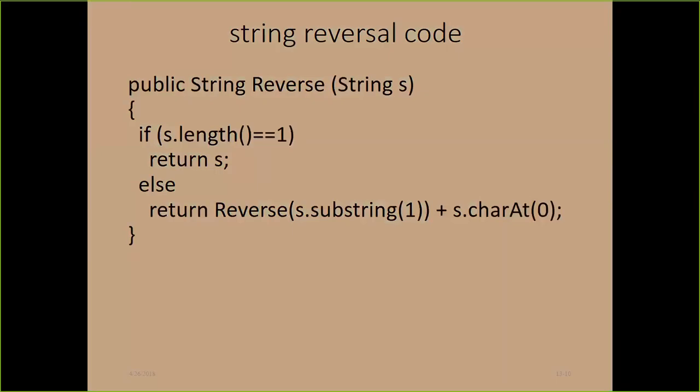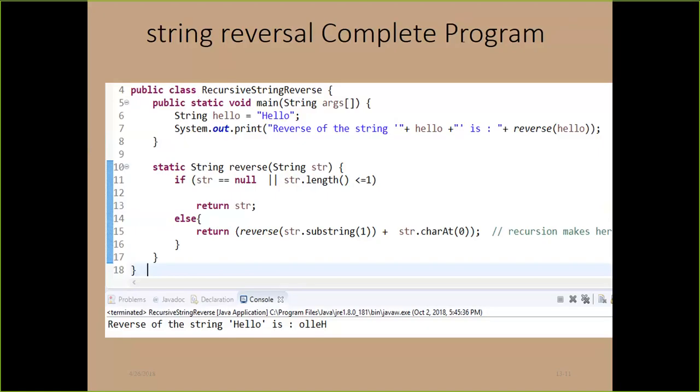Let me see if I have stored it. Okay, so this is the corresponding Java code. So it's for substring 1, and then s is this string. You are not seeing this charAt 0.